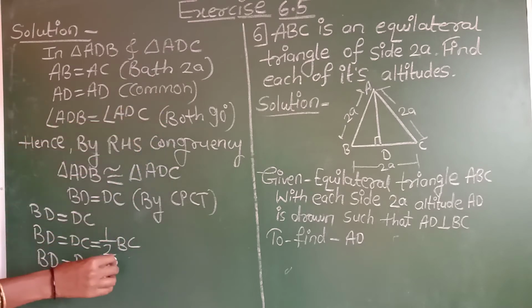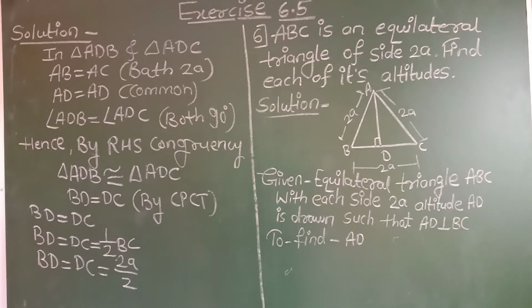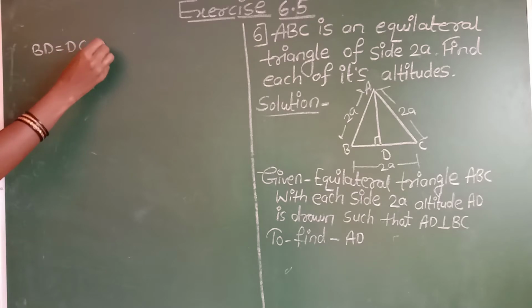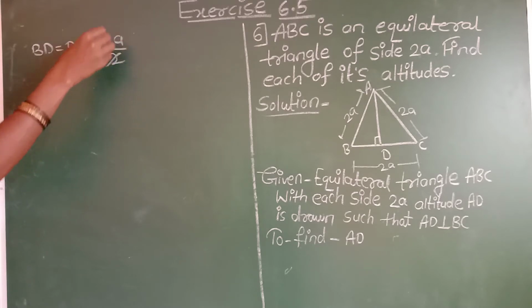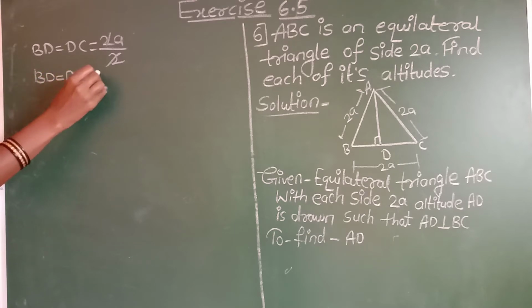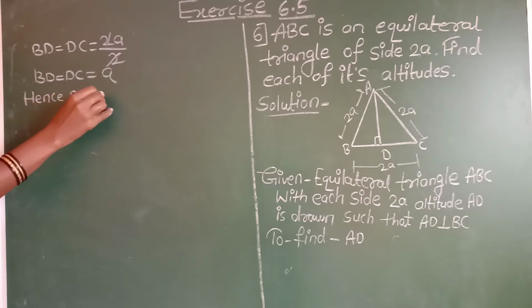Each side is 2a, so we can write 2a by 2. The 2 gets cancelled. BD is equal to DC is equal to a. Hence BD is equal to a.